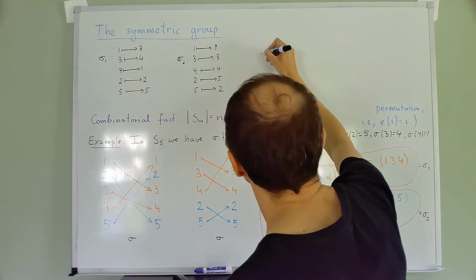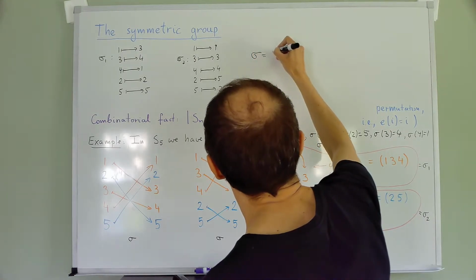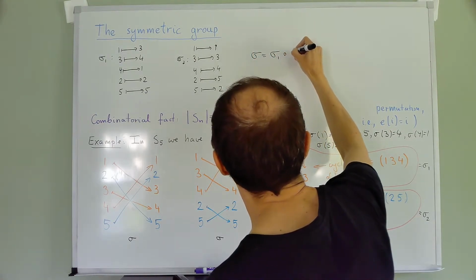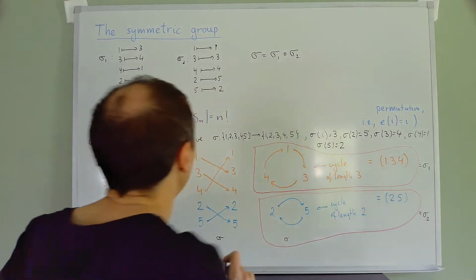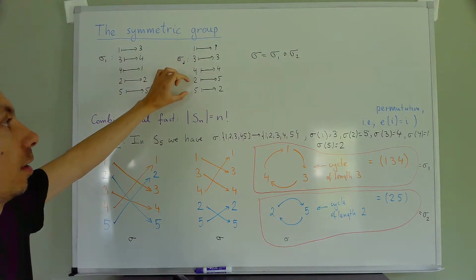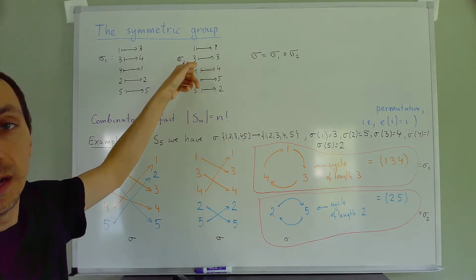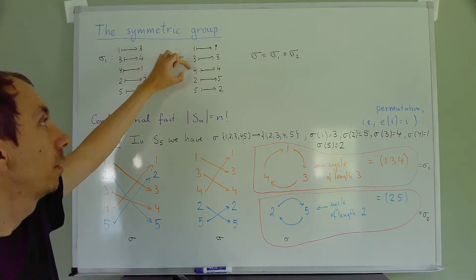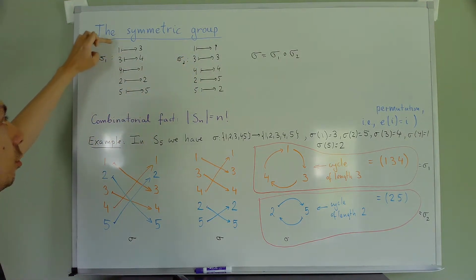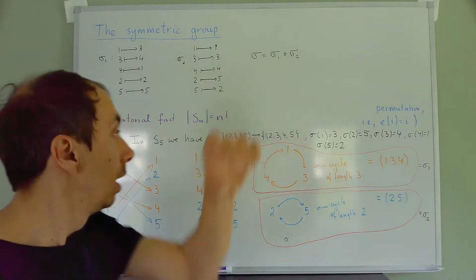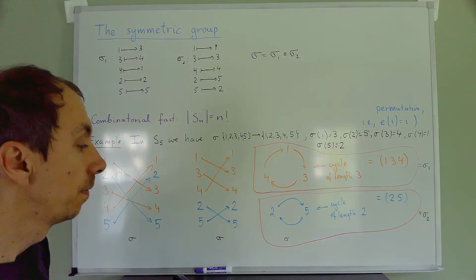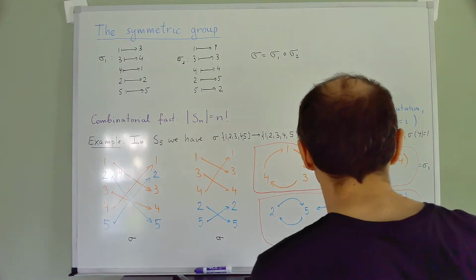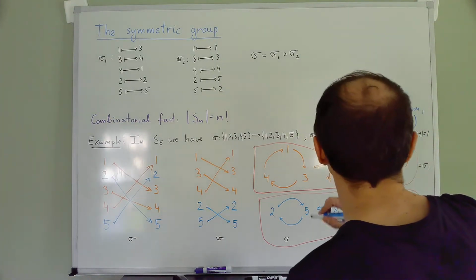So if I look at my permutation sigma, then that's the same as composing sigma 1 and sigma 2. Because I can just as well first switch 2 and 5 and not do anything to 1, 3, and 4, and then do the mumbo jumbo with the 1, 3, and 4 and not do anything to 2 and 5. Of course, we have better notation for sigma 2 and sigma 1.